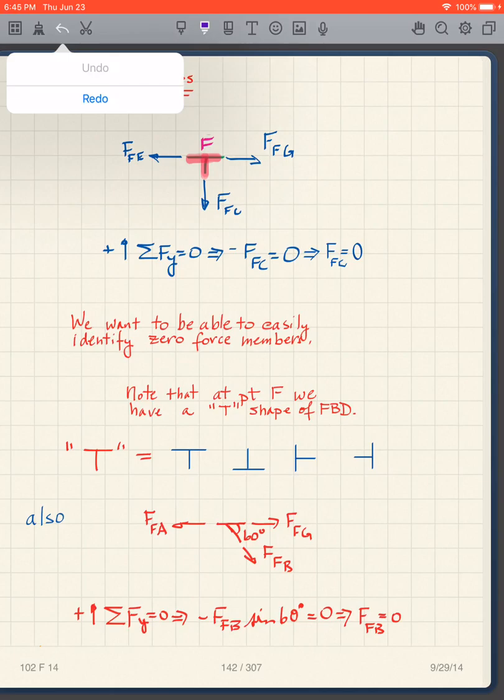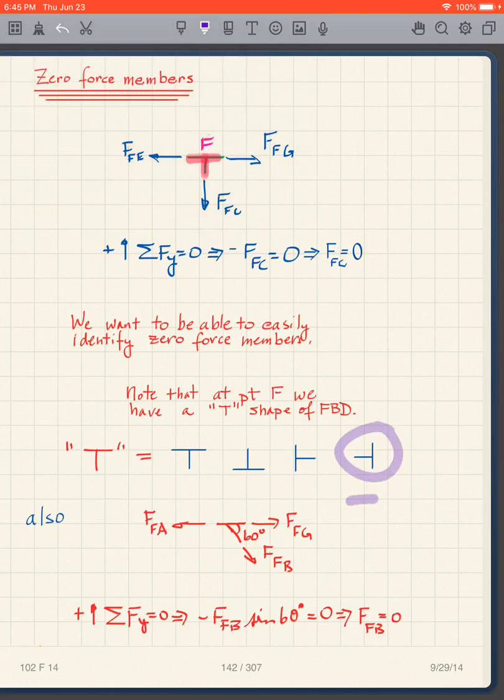In other words, if I take the sum of the forces in the x direction equals 0, I get that this member will have 0 force.